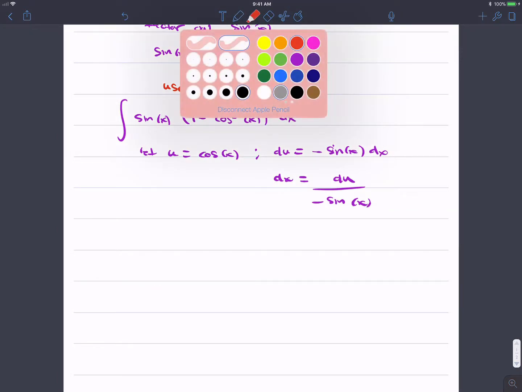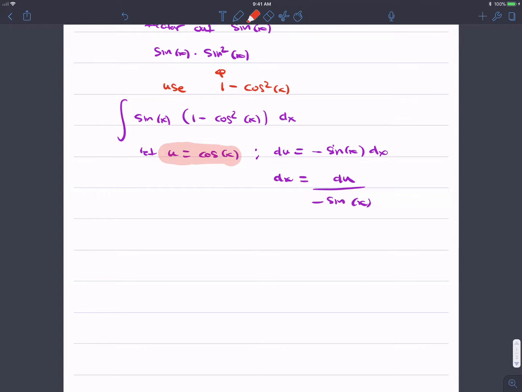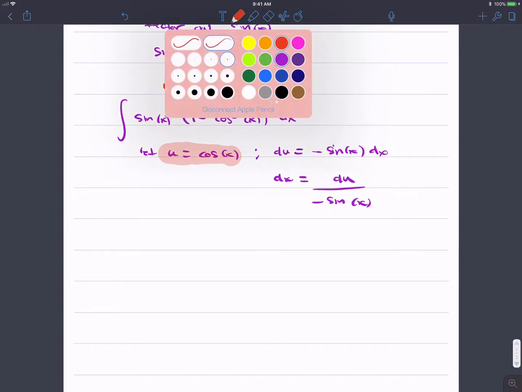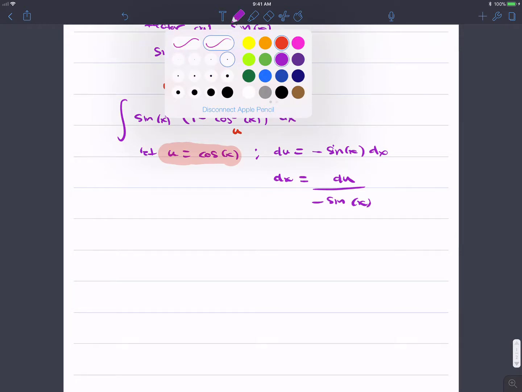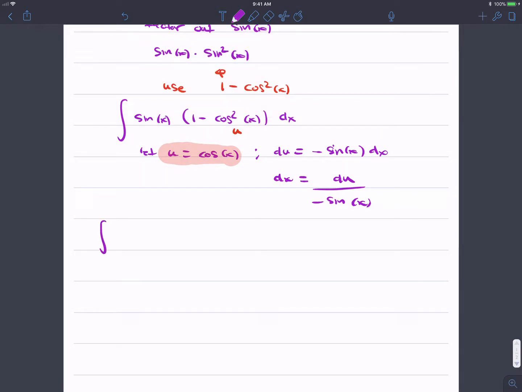Let's remember here that my u is cosine, so I'm going to replace this cosine here with u. And I can go through this problem with a u substitution where we have sine here, 1 minus u squared now. Now dx would be du over minus sine. And what will happen here is my sines will cancel.